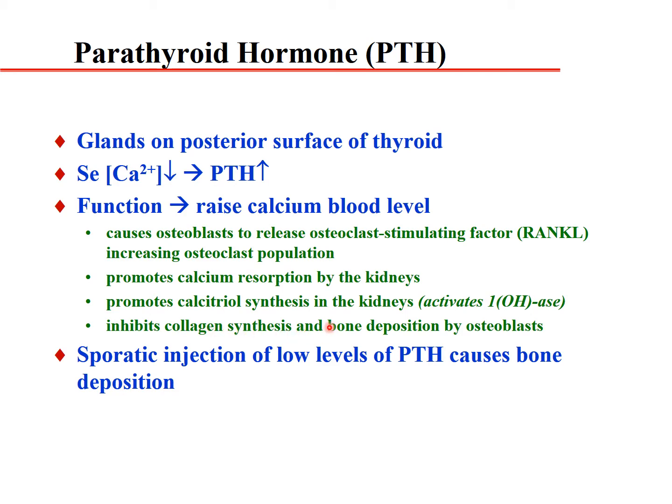Another effect is that it inhibits collagen synthesis and bone deposition by the osteoblast. Now, sporadic injection of low levels of the PTH, however, could cause bone deposition. It can induce the formation of the bone-forming unit of the osteoblast and osteoclast.